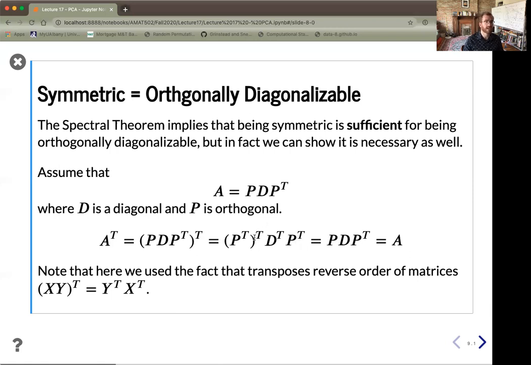And you can see that the transpose of P transpose gives you back P, so you end up back with A. Just by going through the mechanics of taking the transpose, you can conclude that A transpose is equal to A, meaning A is symmetric. So orthogonally diagonalizable implies symmetric, but also symmetric and real implies being orthogonally diagonalizable.